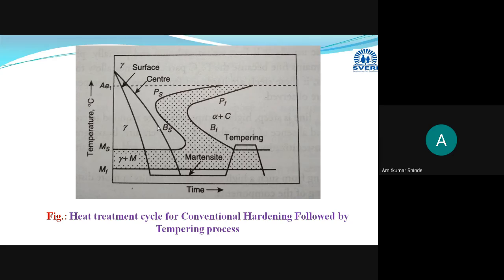We are just changing the cooling curve, or the cooling rate. If you have any doubt, please ask me, or if you have no doubt, put in the chat box that all points are clear.